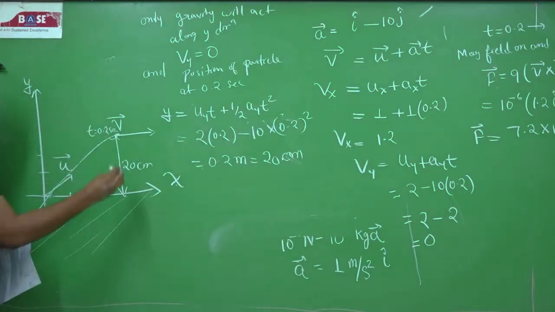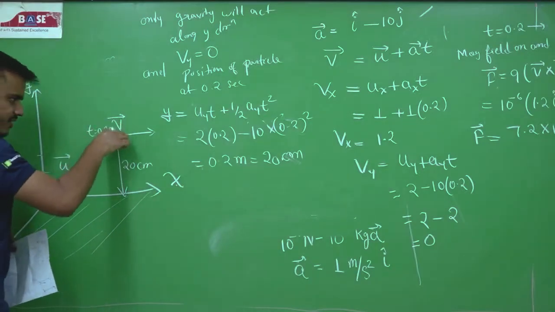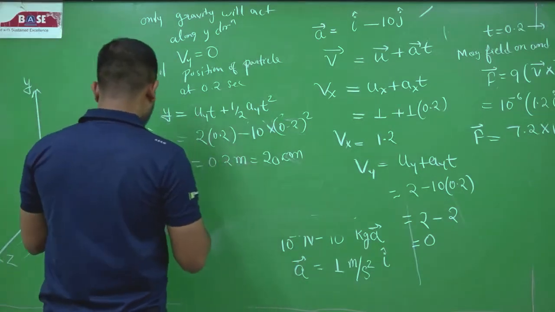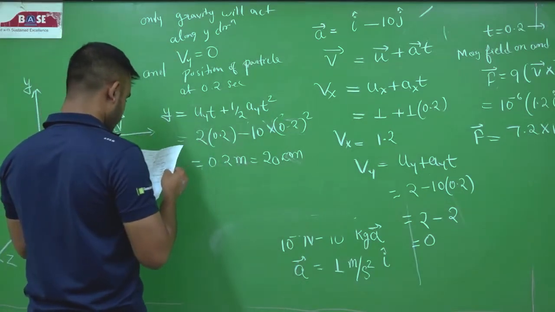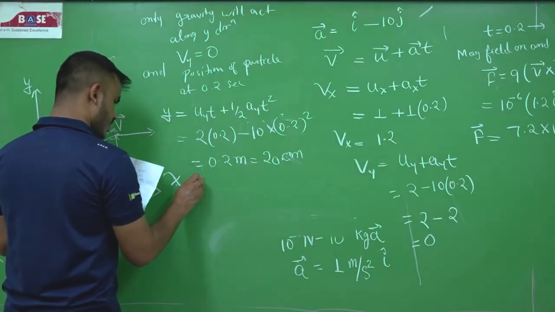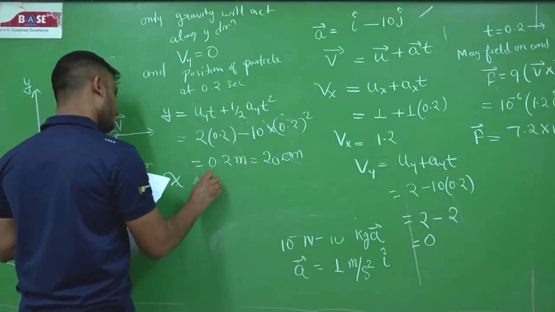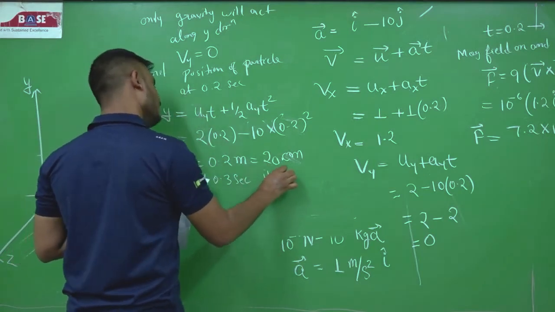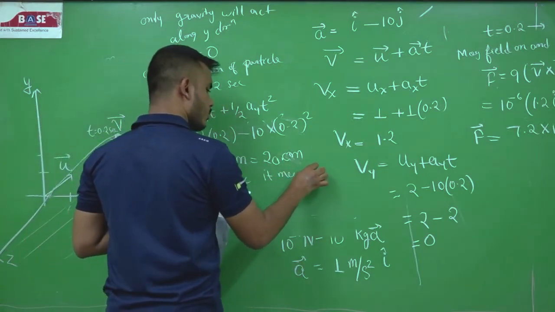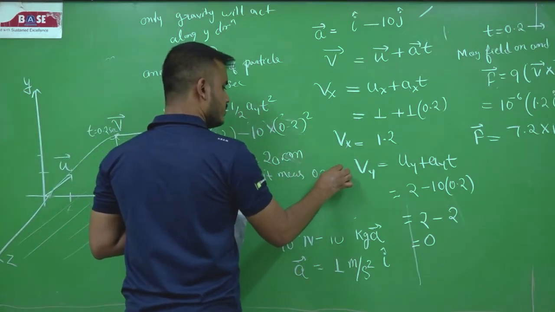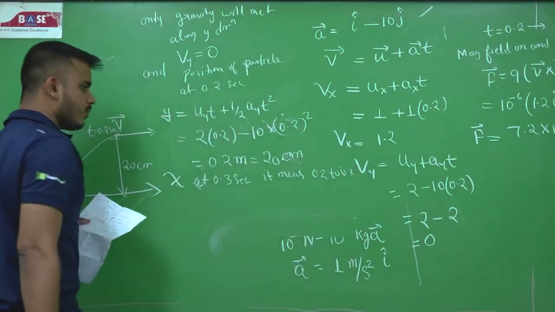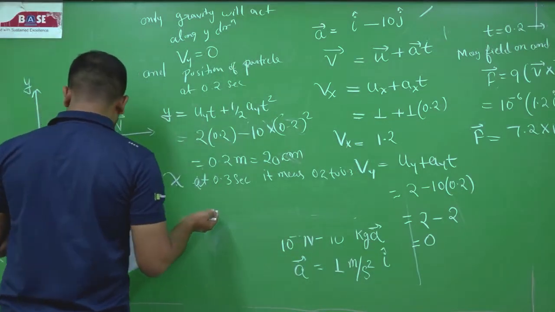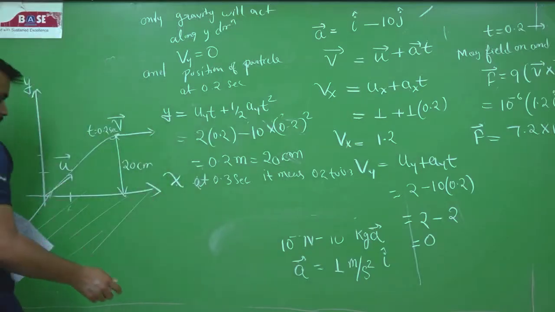magnetic force is acting along the k cap, gravitational field is acting downward. So in the options, we have to find where the particle is at 0.3 second. It means from 0.2 to 0.3, what is the displacement of the particle along the y direction, or what is the displacement of the particle from the xz plane.